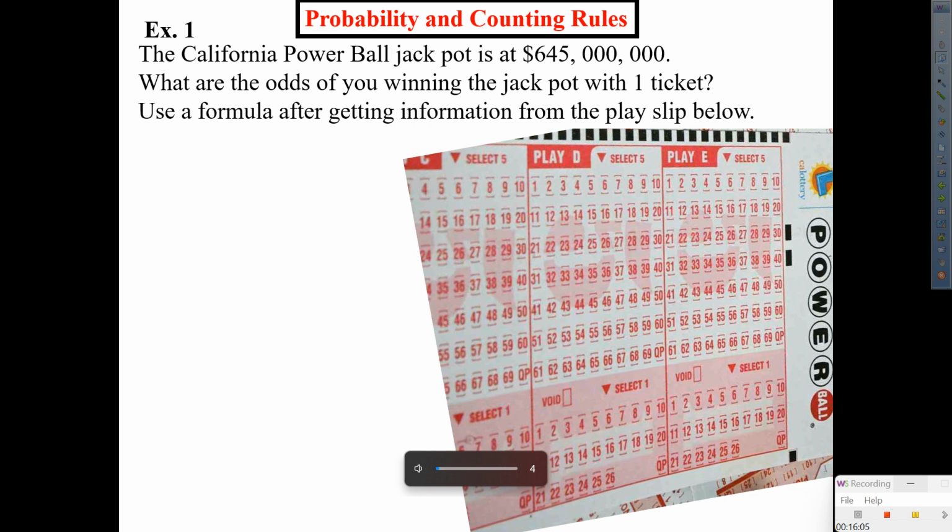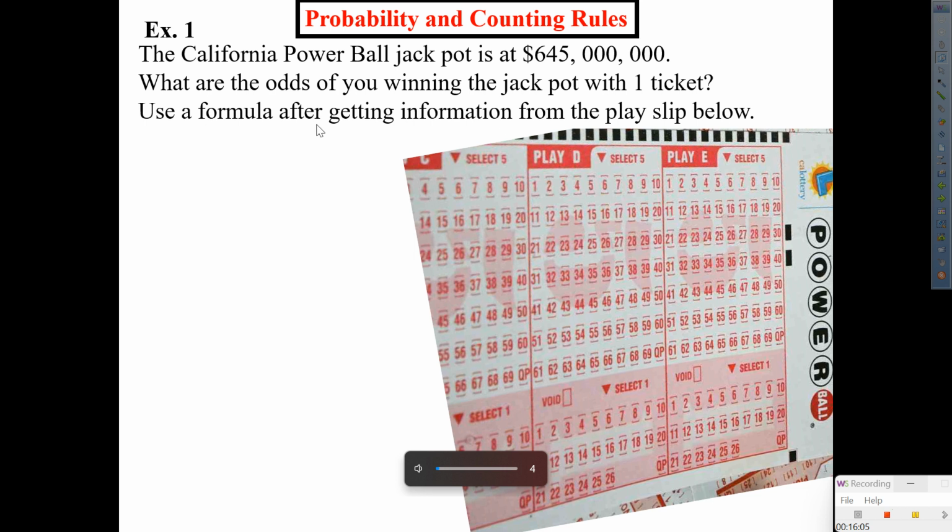No. It says, what are the odds of you winning the jackpot with one ticket? Let's say somebody gave you a ticket. Since some of you are still not 18, doesn't count. However, let's say somebody gave you the ticket and you actually won.